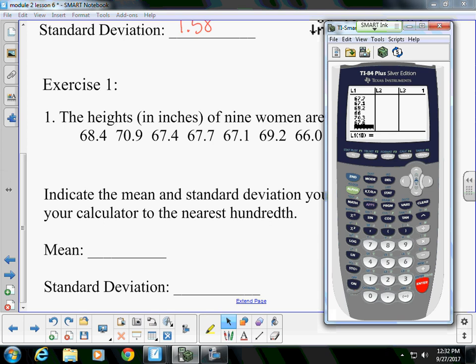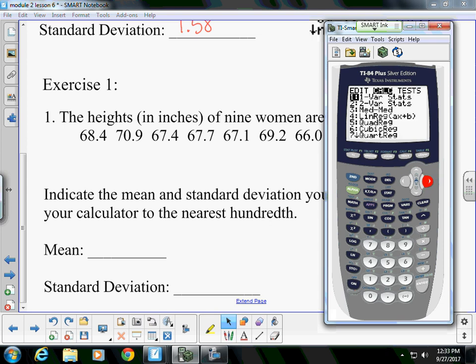Thank you. Okay, now I'm going to have the calculator calculate the mean and the standard deviation. So I'm going to quit out of this, second and mode. And I'm going to hit the stat key again, and go over to calc.